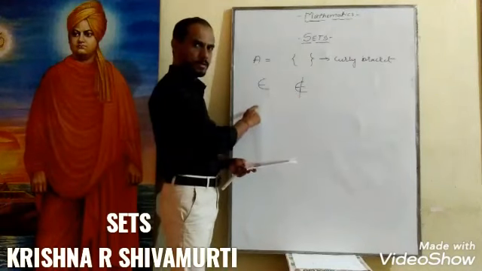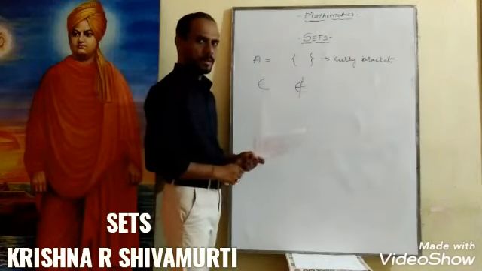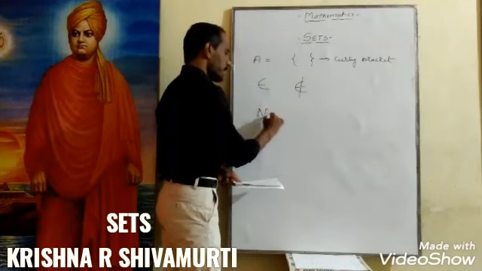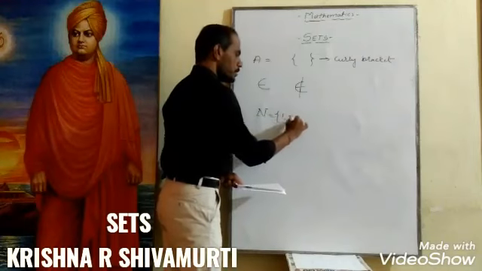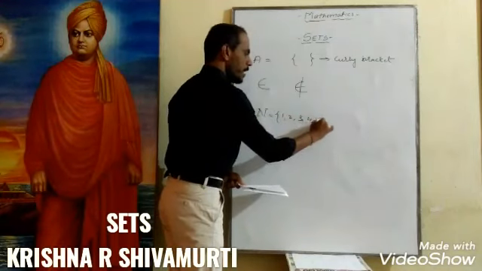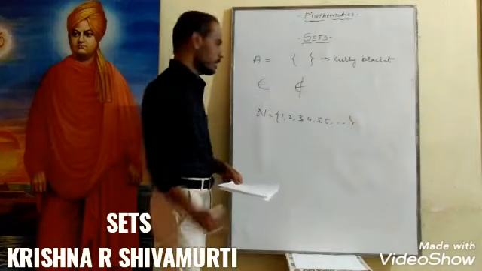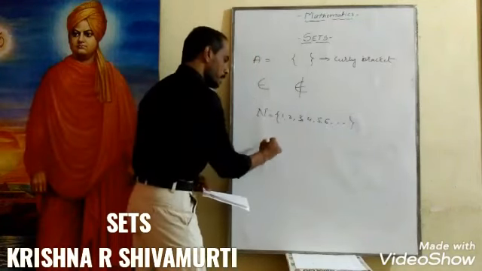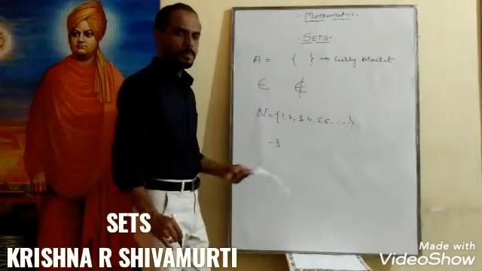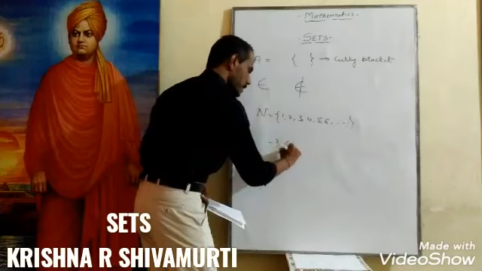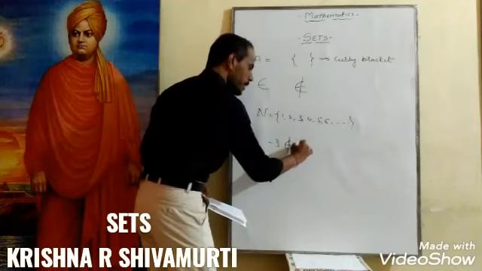Suppose set N is equal to 1, 2, 3, 4, 5, 6, and so on. Suppose the number minus 3: minus 3 is not an element of N.